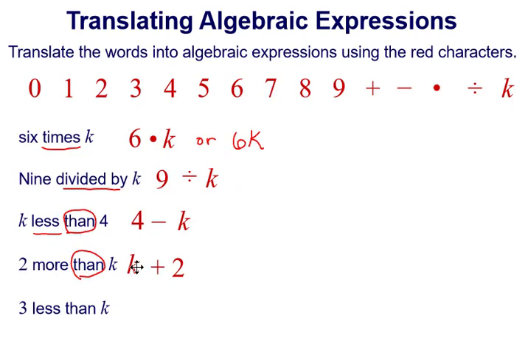We're going to use a plus sign. So that would be k plus 2. And then finally, we have 3 less than k. So we would have the k first. This is another order switching situation because of the than, right? Less is indicating subtraction, and then we have the number 3.